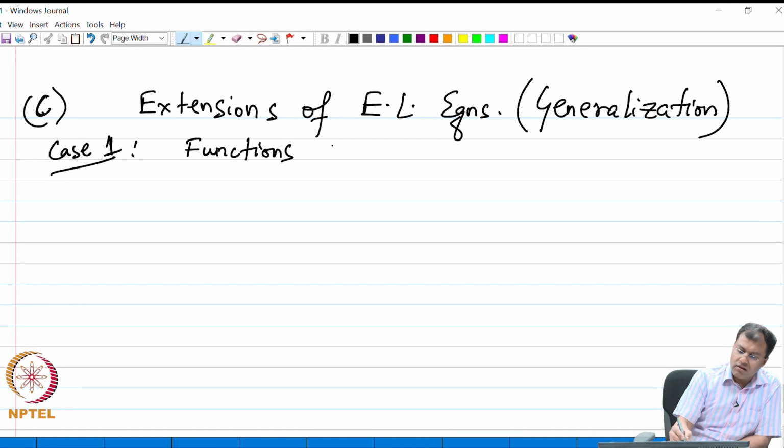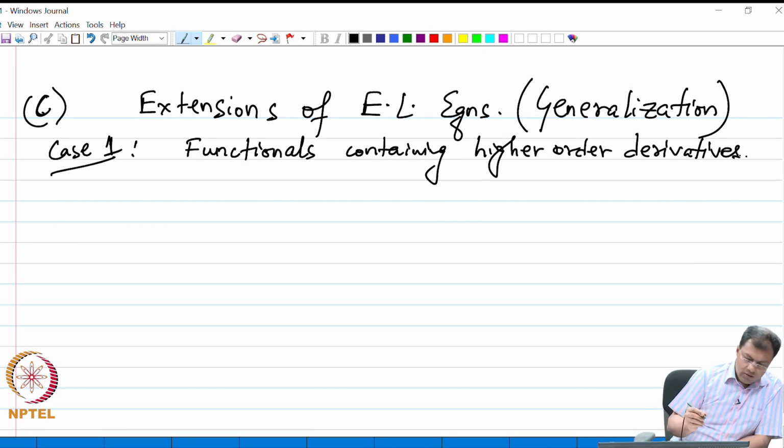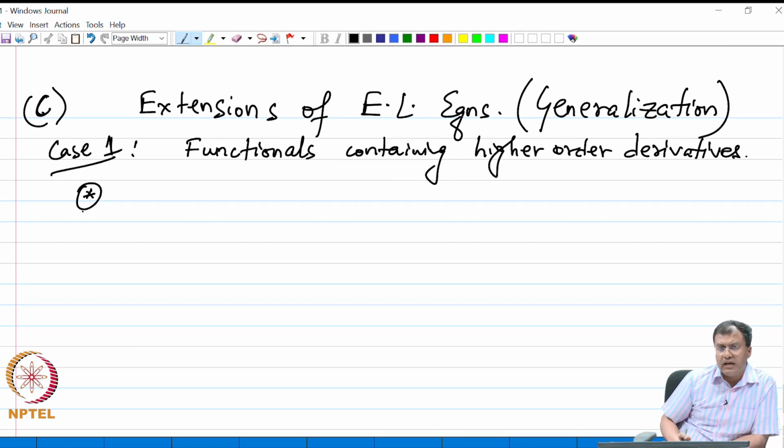So, points that are to be noted: we can certainly extend our result of the Euler-Lagrange equation to functions which are the integrands of the functionals and which contain higher order derivatives.